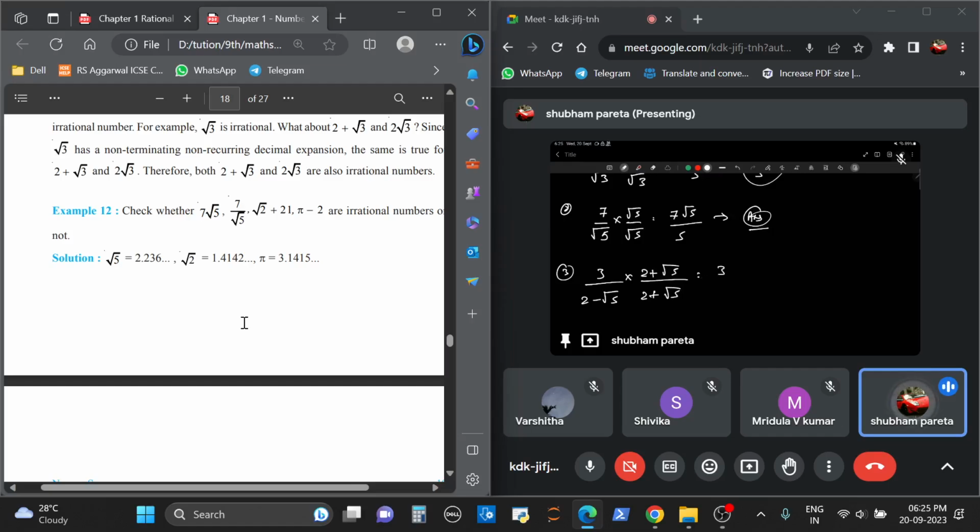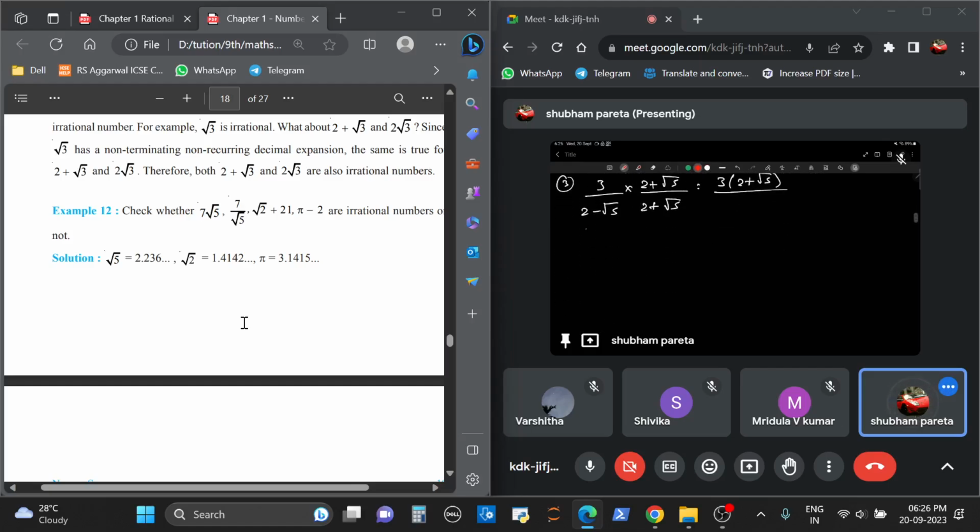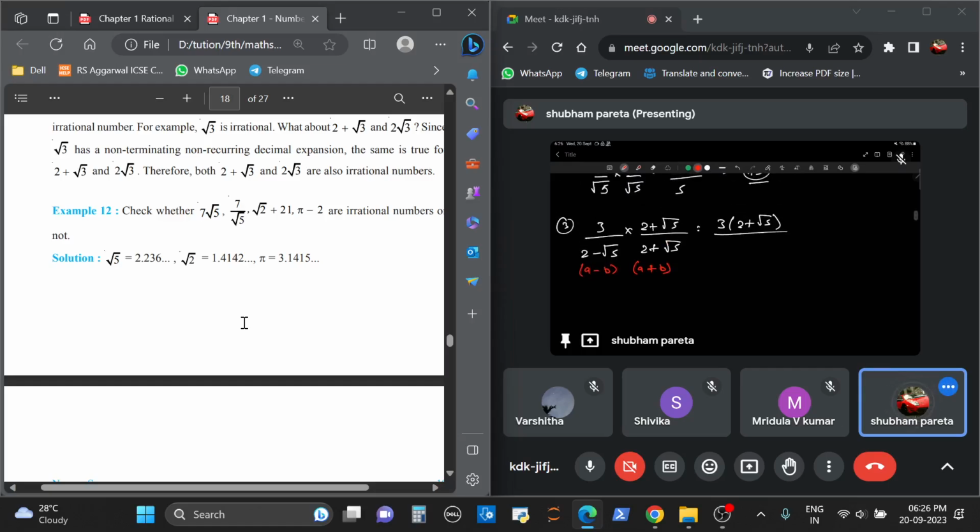So this will become 3 multiplied by 2 plus under root 5, and the denominator is the case of a plus b, a minus b, which becomes a square minus b square. So this is 4 minus 5. So this is 6 plus 3 under root 5 whole upon minus 1. So this will be the final answer, isn't it?